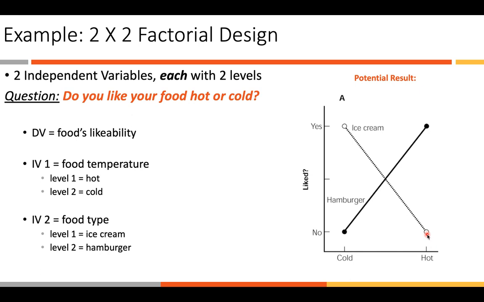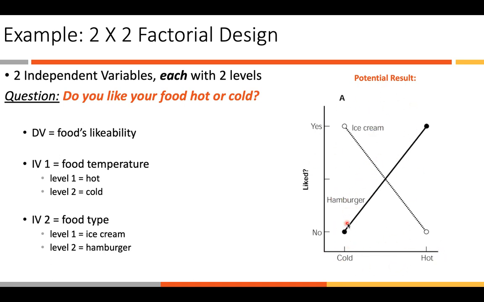To explain results, if you have to use the term it depends, then you probably have an interaction, right? Because what's happening here is that temperature is interacting with food type such that, well, do you like your food hot or cold? It depends upon the type of food I'm eating. And what depends upon means is that one variable, temperature, is impacting the other variable.